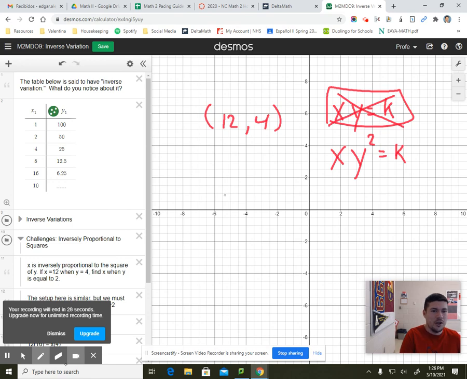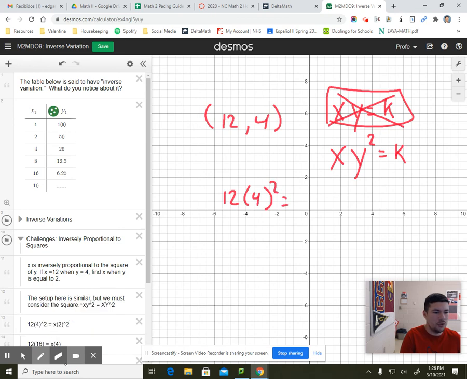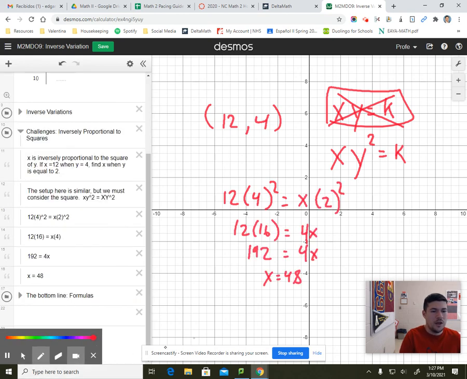So here I go: 12 times 4 squared should be equal to x times y squared. We want to find x when y is 2, and what I get for that is x equals 48. So that's how I set my problem up.